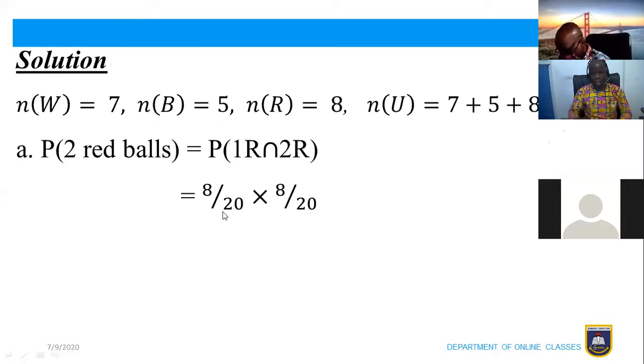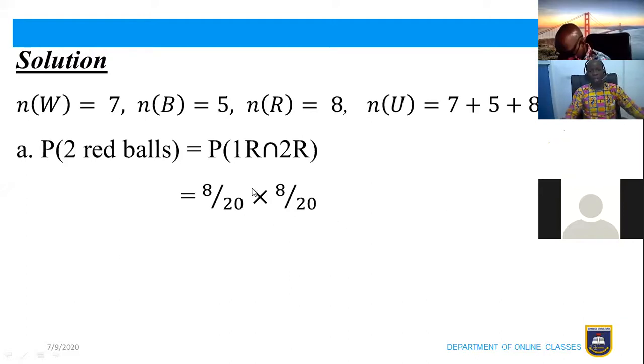But remember, we are going to replace it. So if you are going to replace it, it means that you have extra red balls in another basket. So you pick another ball from another basket and put it into the basket from which you are selecting. So the total number of red balls will still remain 8 before you make the second selection.